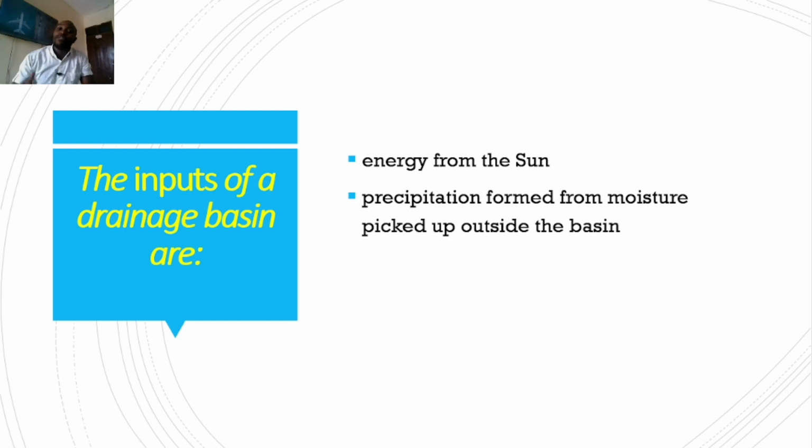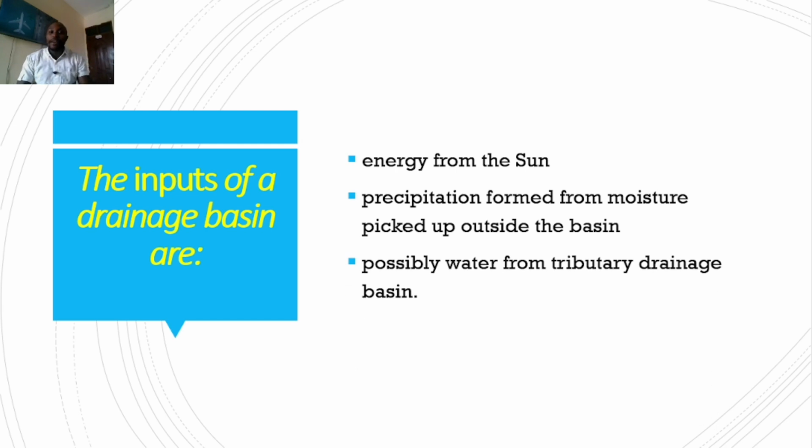Remember, when precipitation is formed from moisture picked up from the same drainage basin, then that is not an input. But precipitation formed from moisture picked up outside, from another basin, is bringing water in, so it's an input. And then we have water from a tributary drainage basin, of course, that's an input.